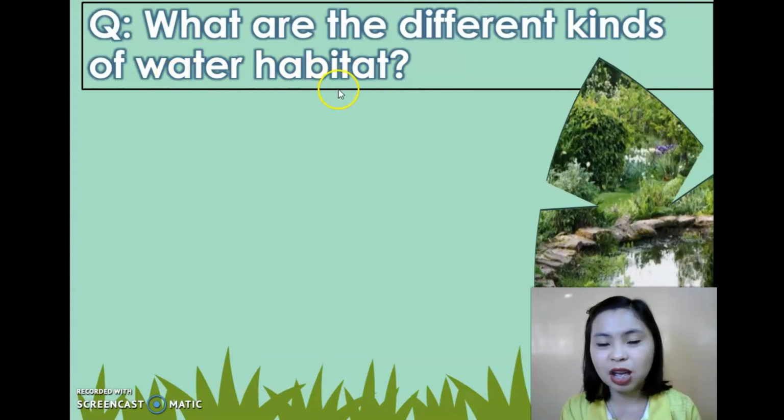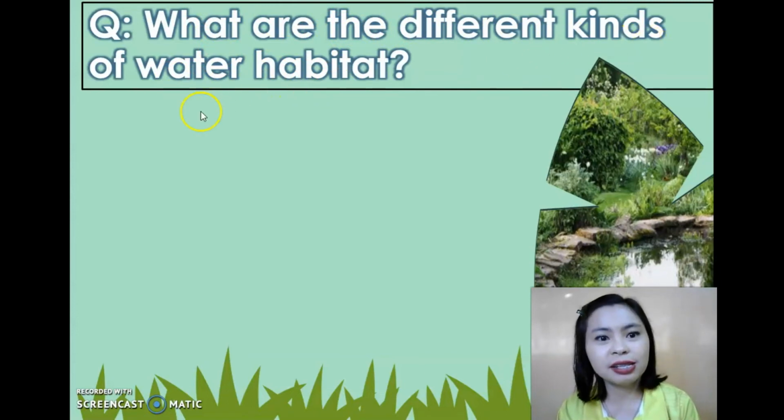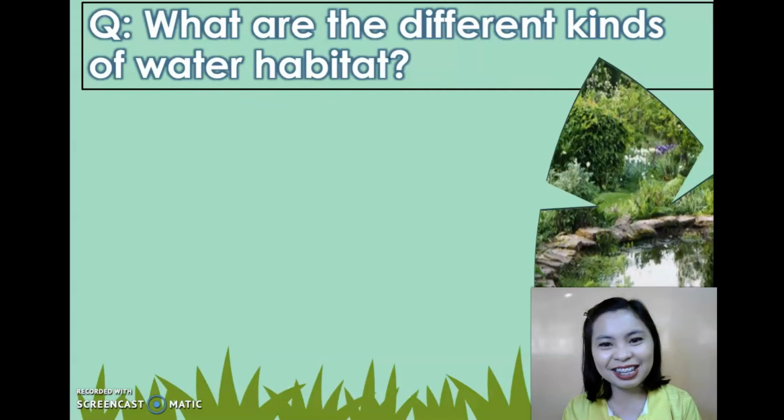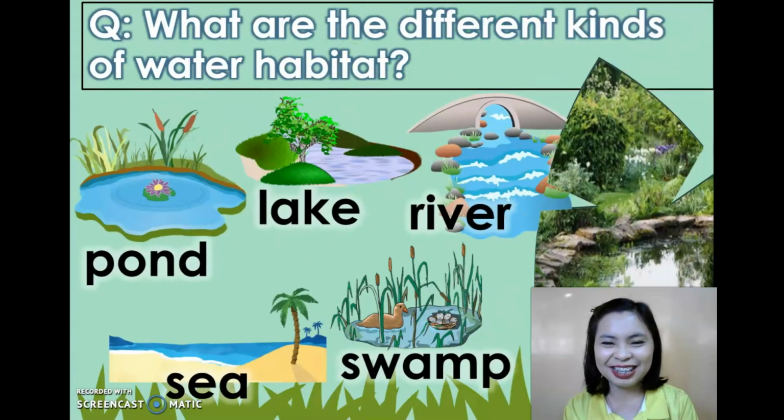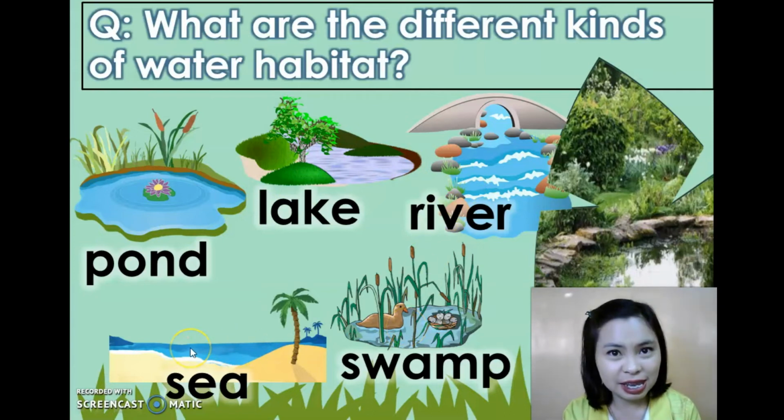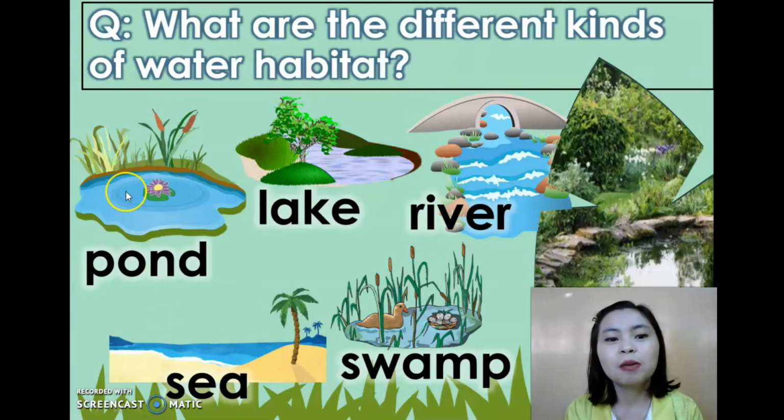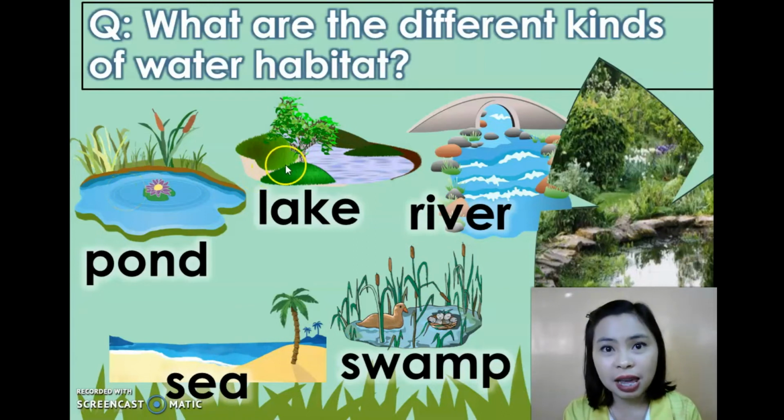Water habitat. Question, what are the different kinds of water habitat? And these are the following. We have pond, lake, river, swamp, sea. Again, pond, lake, river, swamp, sea.